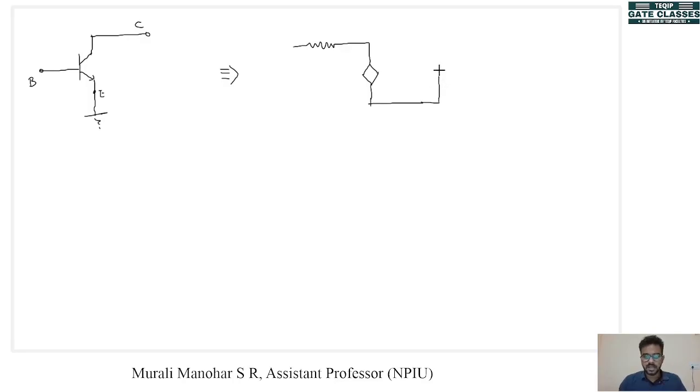Then HF into I1 here, and HO here. Right? This is base, this is collector, and this is emitter, which is grounded.